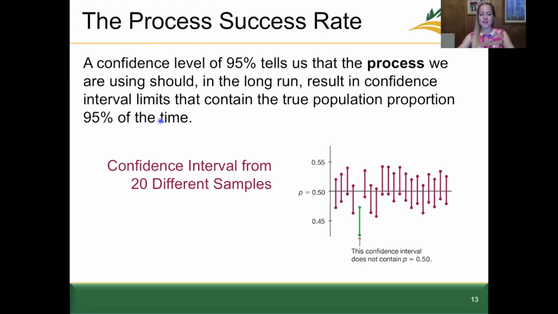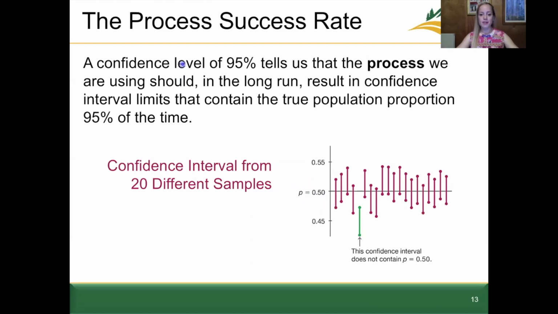For example, let's say we have confidence intervals from 20 different samples. Each of these lines here is one of our samples. Then we find a different confidence interval for each one of these samples. Our true population proportion, lowercase p, we're told is 0.5 based on this visual.